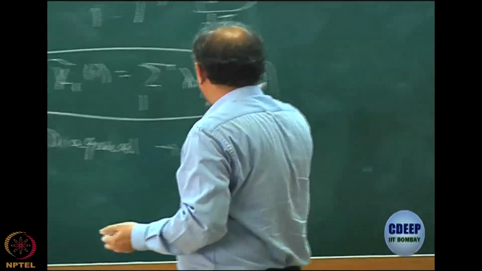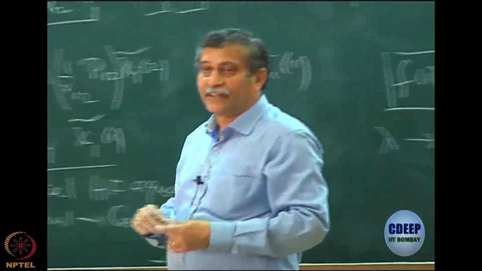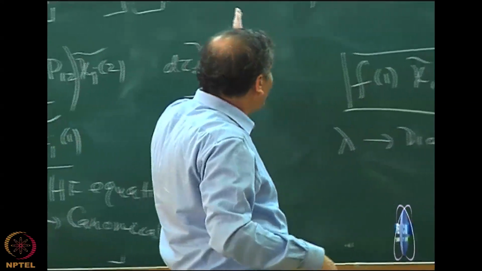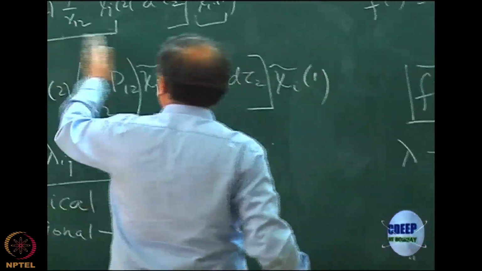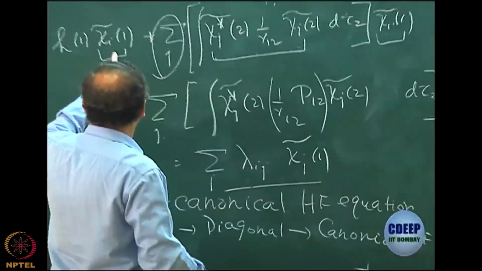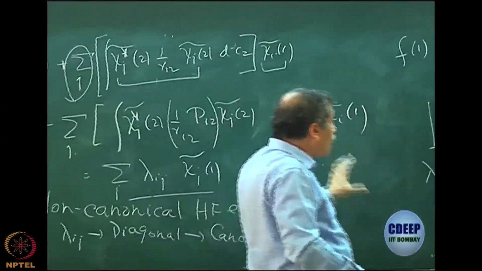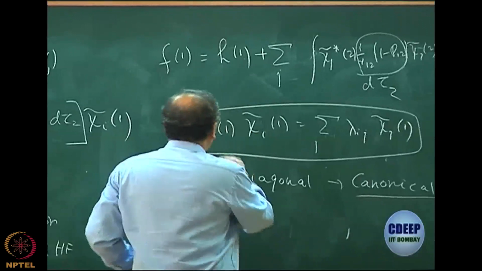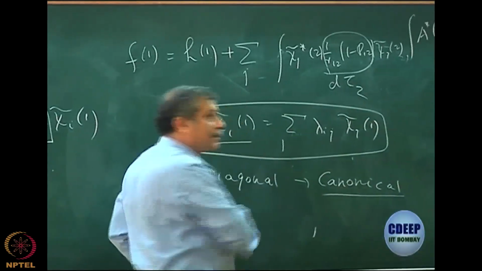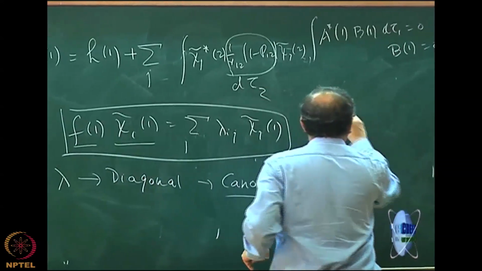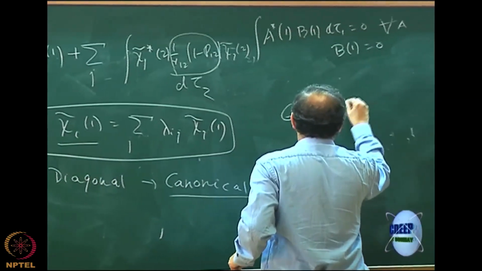And on this side, a similar thing came. This was my integrand. Then I wanted to write down the integrand, that g of 1, which turns out to be of this form, where everything is now a function of 1, but where explicitly chi tilde 1 appears. So the integrand has an operator acting on chi tilde 1. What was my g of 1? The g of 1 is nothing but this operator. You remember the g of 1 I wrote, that was the integrand.